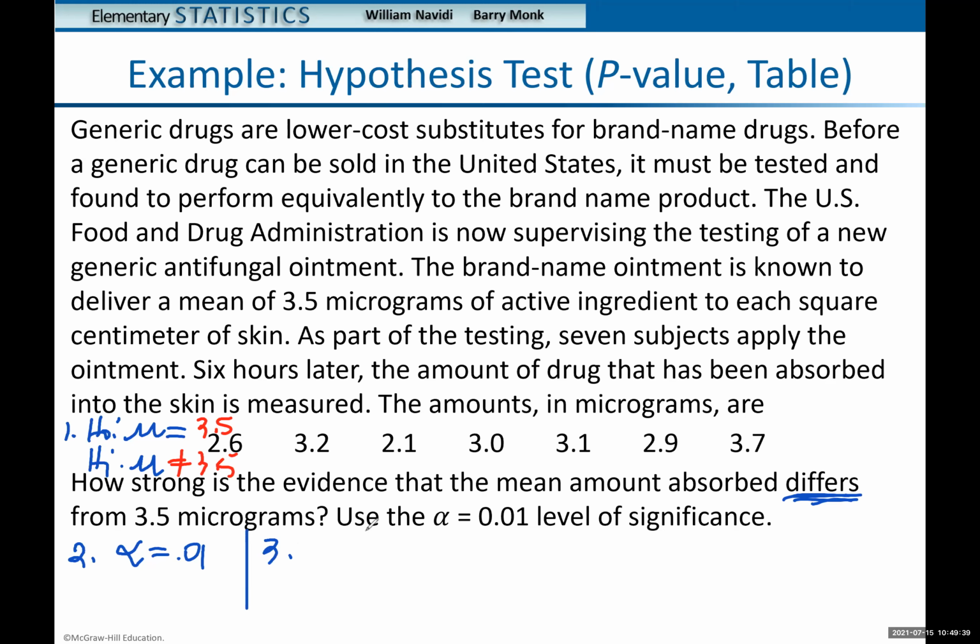Now, this is different from the last problem because you have the data here. So meaning you have to enter all these 7 into L1. So try that now. Enter 2.6, 3.2, 2.1, 3.0, 3.1, 2.9, and 3.7. I will do the same thing with my calculator here.